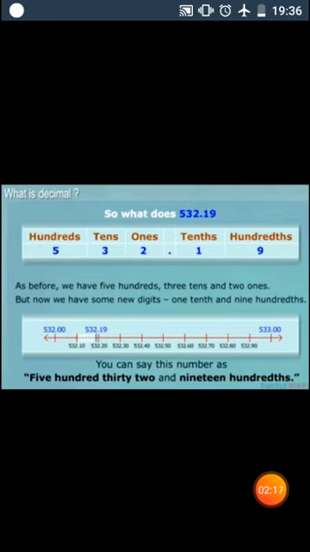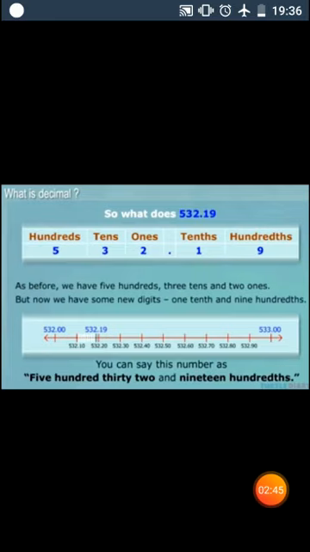Now after the decimal, tens 1 and hundreds 9. As before, we have 5 hundreds, 3 tens and 2 ones. But now we have some new digits, 1 tens and 9 hundreds.